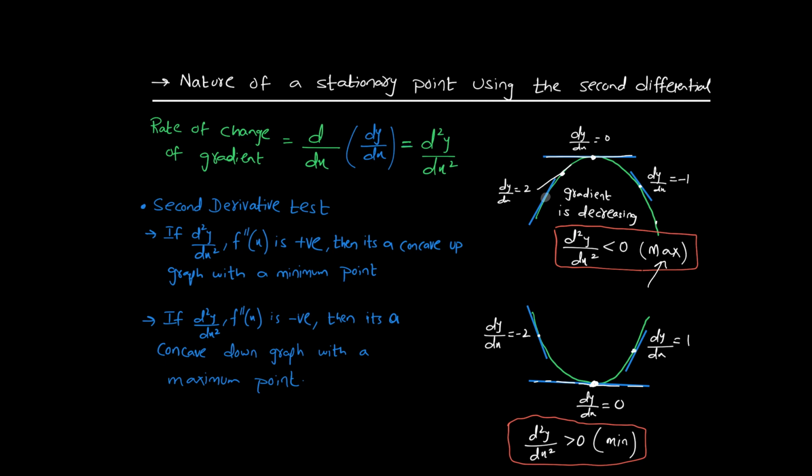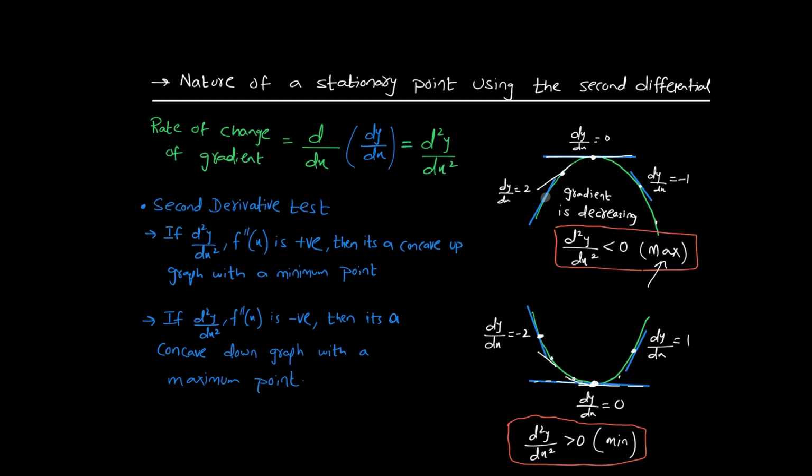Now, let's have a few values before this stationary point, and let's say the gradient came out to be a negative gradient, and as you increase the values of x, the gradient is actually increasing and becoming positive.